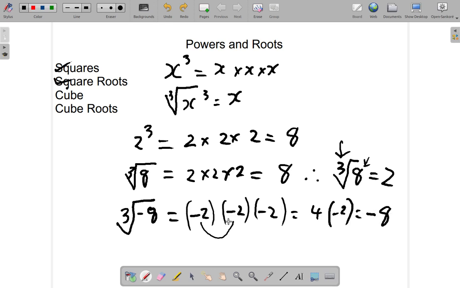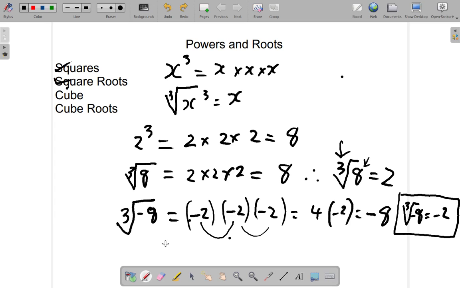So we had multiplied negative 2, negative 2, and negative 2 to give negative 8, which means that the cube root of negative 8 is negative 2. So yeah, we can find the cube root of a negative number. So the cube root of negative 8 is negative 2. So we can see that.